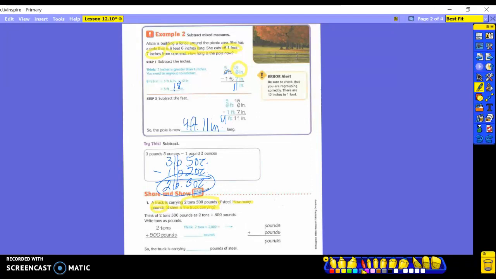Nope. There's 2,000. So 2,000 pounds in a ton. So as you look here, the thing kind of tells you that. 2 tons times the 2,000 will give you, so you're going to move that over here, 4,000. Then do I have to do anything with my pounds? Just move it over. Then I'm going to add it.